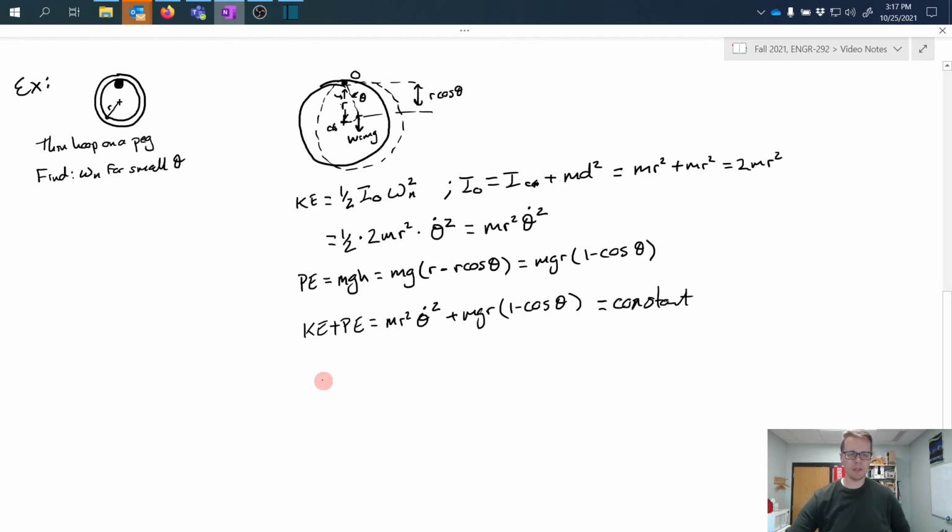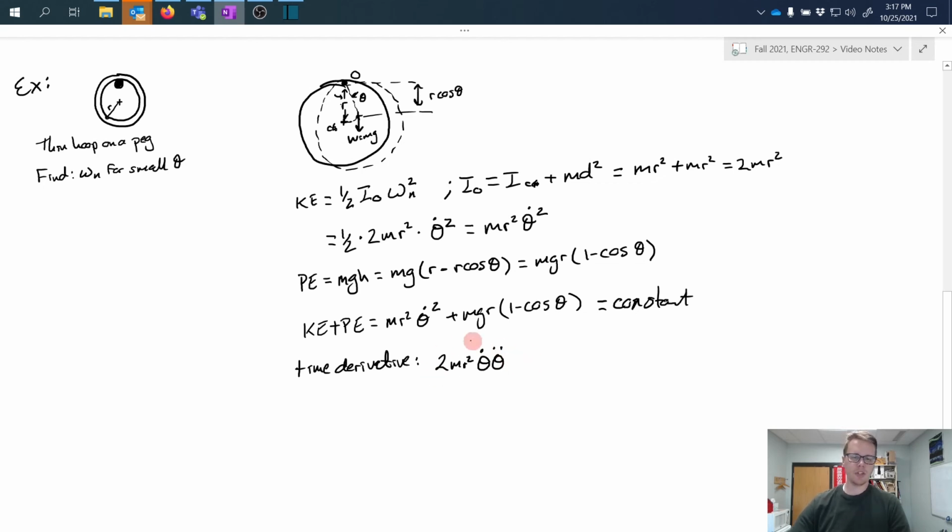The next step is to take the time derivative. So rearranging this equation and taking the time derivative, we end up with 2mr squared theta dot theta double dot for the first term.